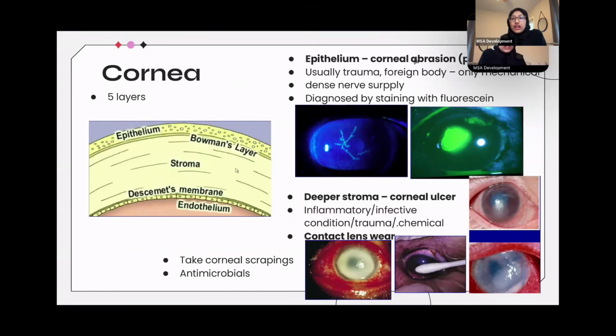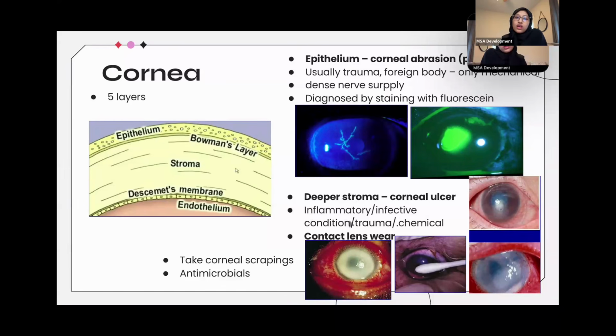If that abrasion is untreated, or let's say it's a deeper injury, then the stroma, the deeper layers, all of these layers are affected. That is now what we call an ulcer. Corneal ulcer is deeper than abrasion, and it is much more dangerous, and you want to treat that immediately.